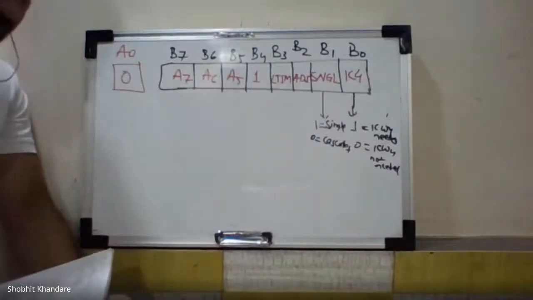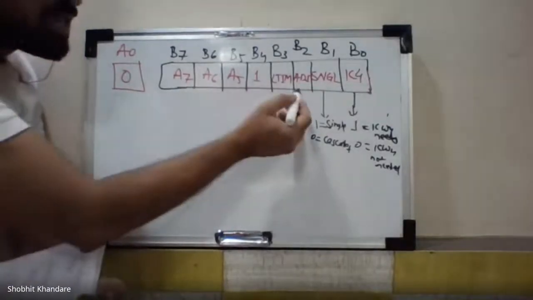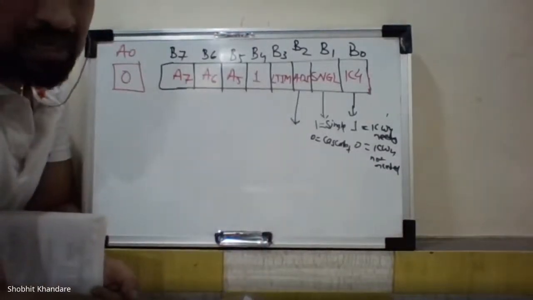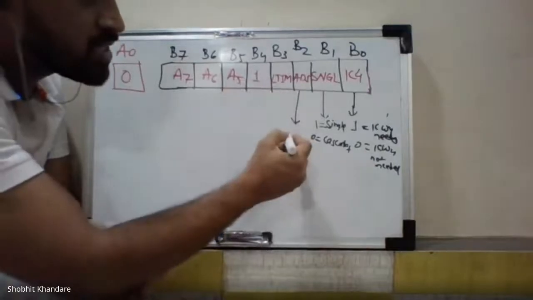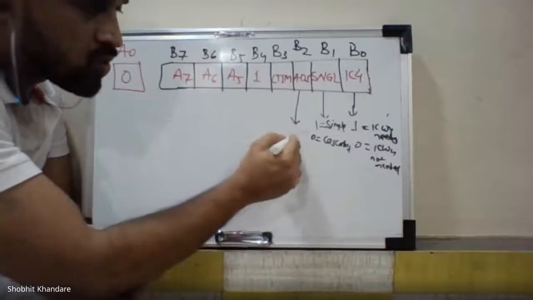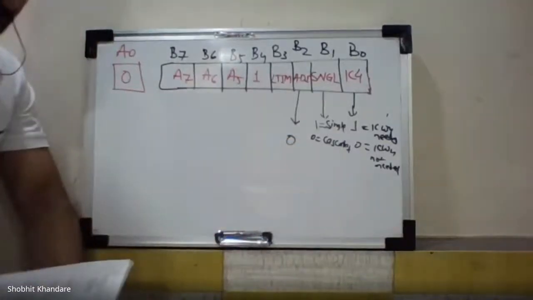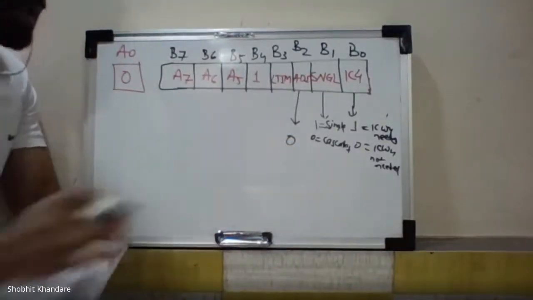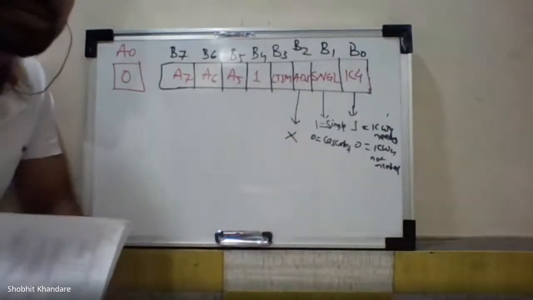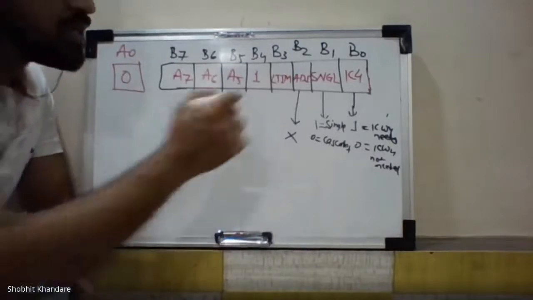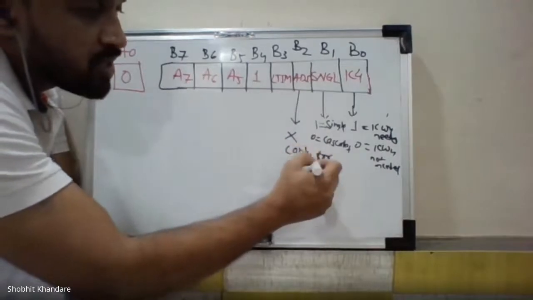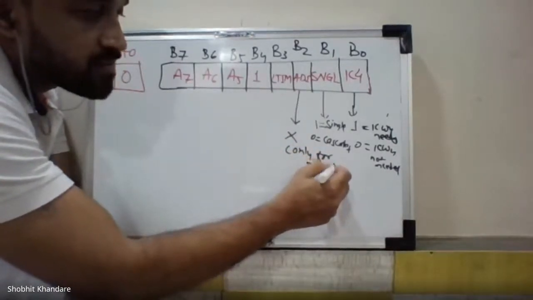Then the next one, this ADI. Nothing more about the ADI. For ADI, you can just keep this as 0, or you can keep it as don't care. This particular bit is used only for 8085.